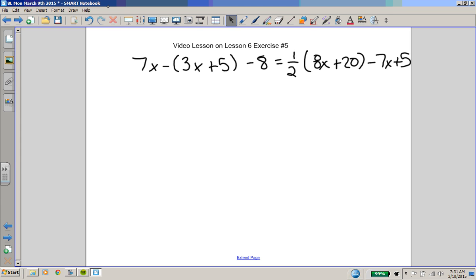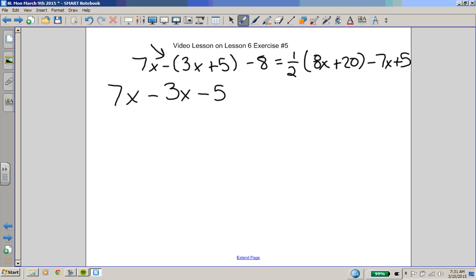I see a parentheses, so that means that subtract sign, which means negative, is going to be distributed to everything within the parentheses. So I'm going to go ahead and do that. 7x, this turns into a subtract 3x, that turns into a subtract 5.